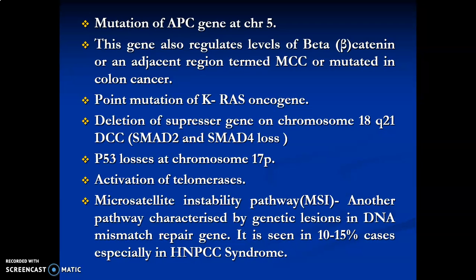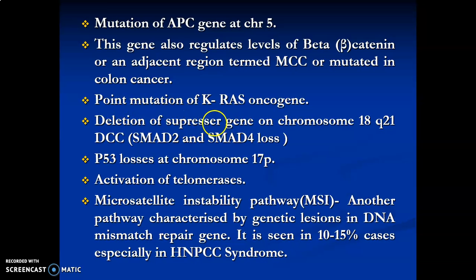So this slide is showing the summary of molecular defects in colorectal carcinoma. There is mutation of the APC gene at chromosome 5. This gene regulates the level of beta catenin. There is point mutation of the KRAS oncogene.